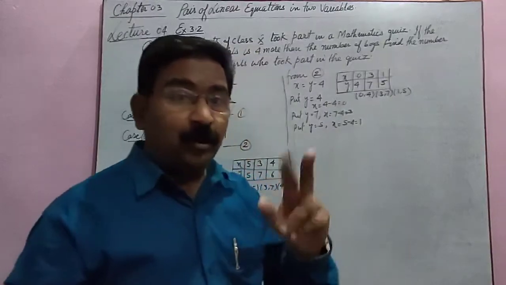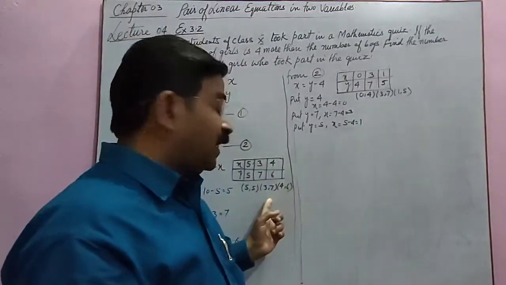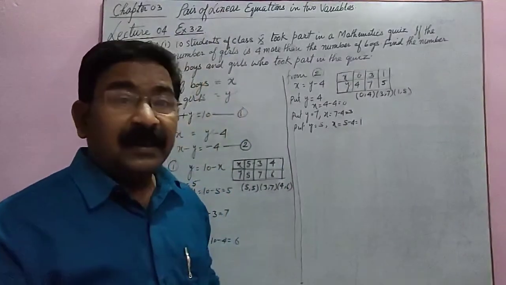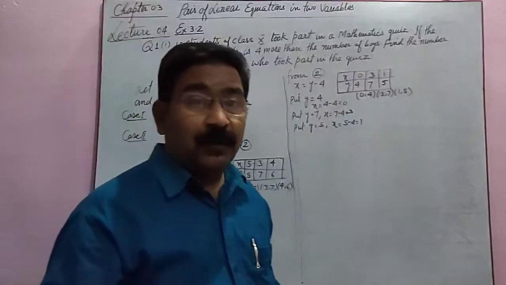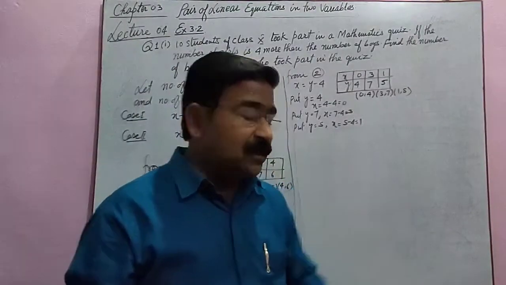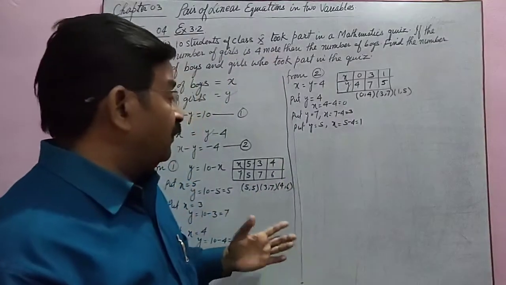This point is common in 2 equations. It means this is the point of intersection of the 2 lines, and this will be the answer of the solution. This happens by chance, not every time.